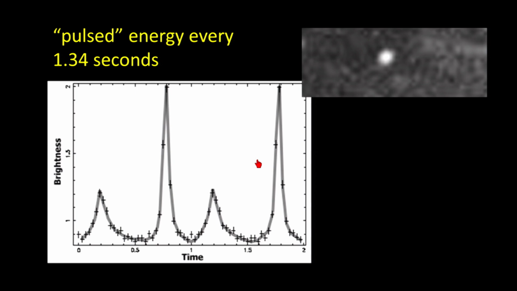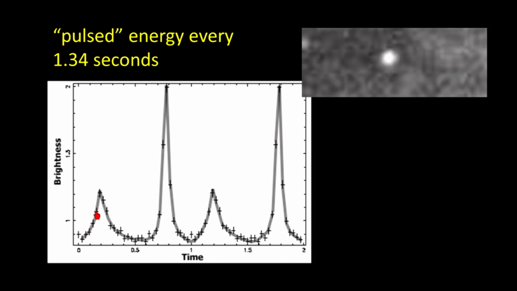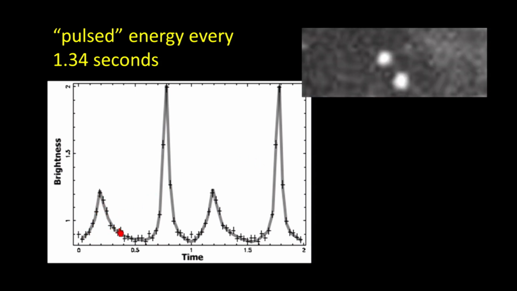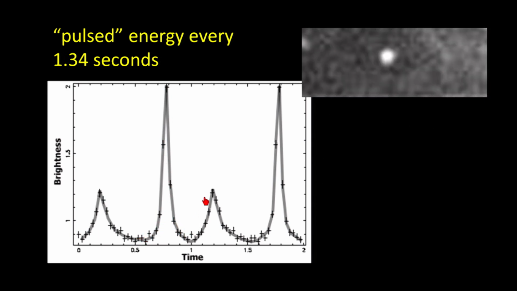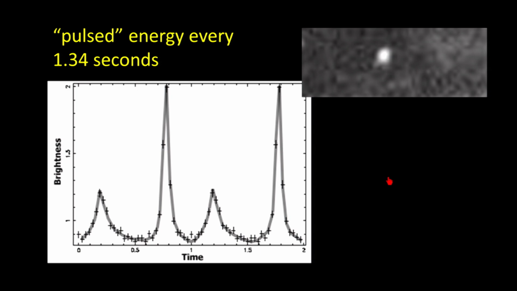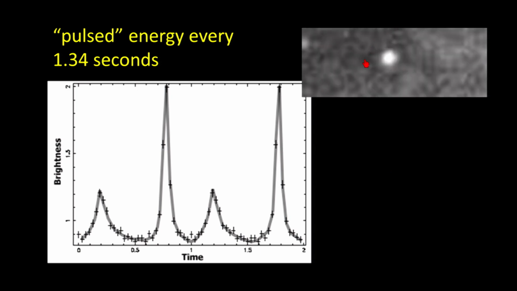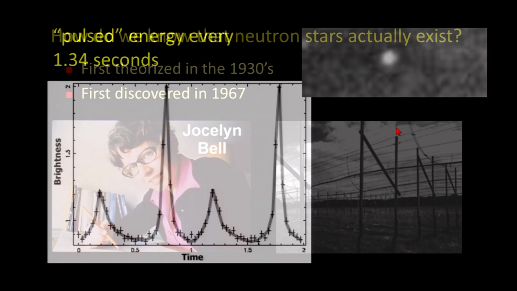Here's a graph. What they noticed is this thing was turning on with brightness and then becoming dark and then bright and then dark. And here's an actual optical set of images of this very object. I'm going to let it load one more time just so we can get it to play again.